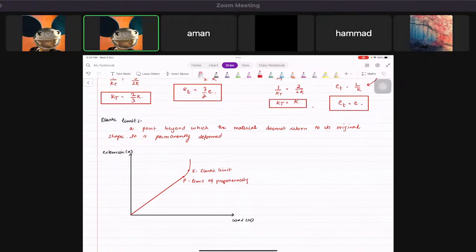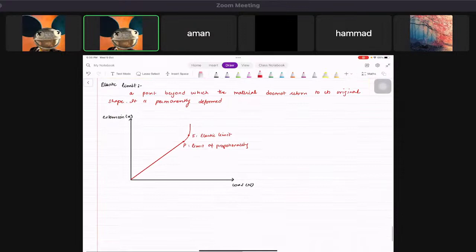Now, alright, so basically we have a force and extension graph, and we know where exactly the limit of proportionality is.